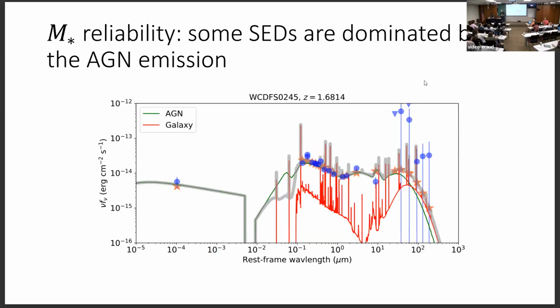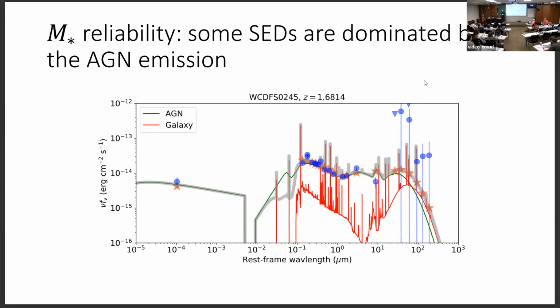And then we also care about the stellar mass. And here is an example whose stellar mass is just unreliable. Its SED, you can see, is totally dominated by the AGN emission, and we cannot really reliably measure the galaxy component.